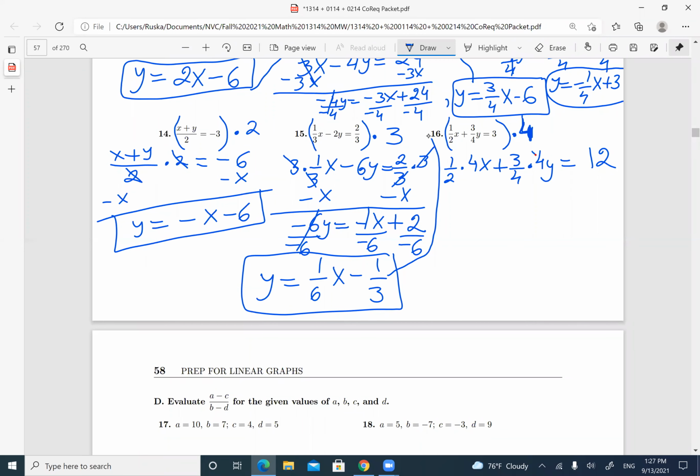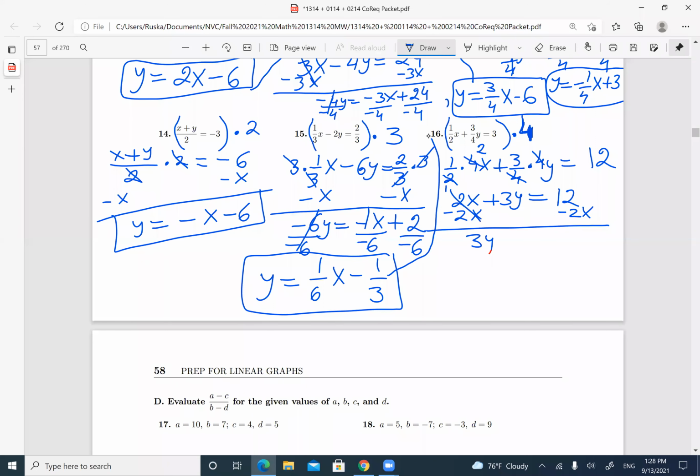Now 4 and 4 cancel here, right? Now 4 and 2 you can divide by 2 up and down. So it's going to be 2 left. So what I have right now is 2x plus 3y equals 12. We're going to move the 2x over, minus 2x. And then we're going to divide by 3.